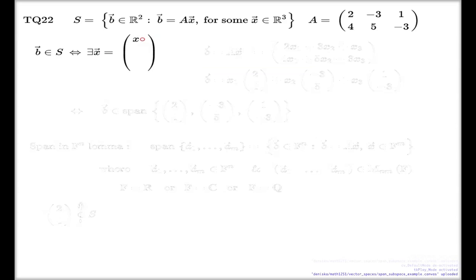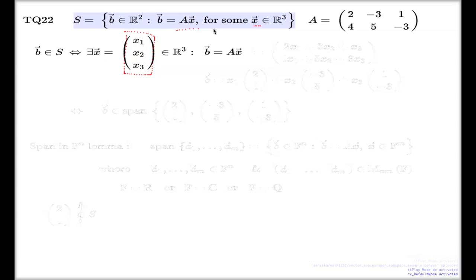B is in the subset if you can find a vector X, my column vector of dimension 3 in R3, such that B is the multiplication of the matrix A by this column vector X. Basically, this is just an interpretation of what is said here. I just replaced "for some" with this fancy symbol, which we read as "exists", and I replaced X with the actual components of X. Otherwise, it's an identical line to what is said here.